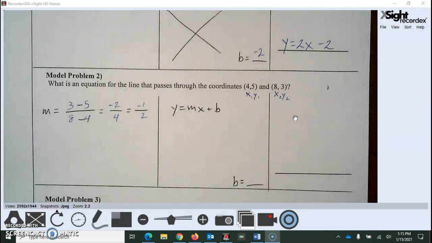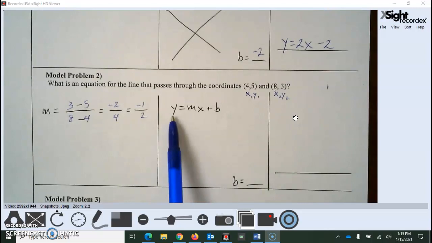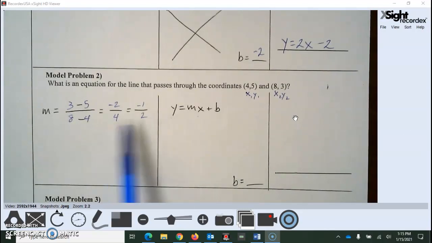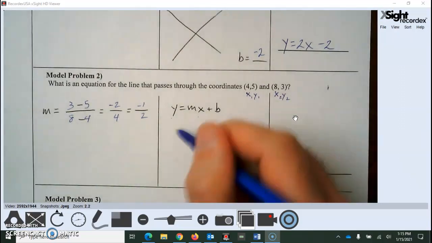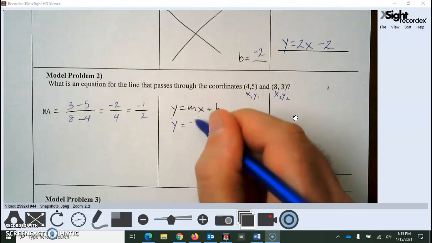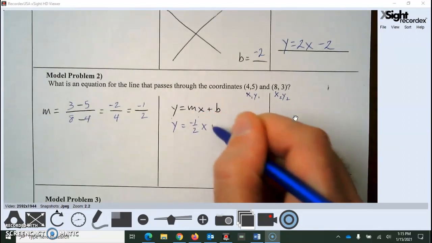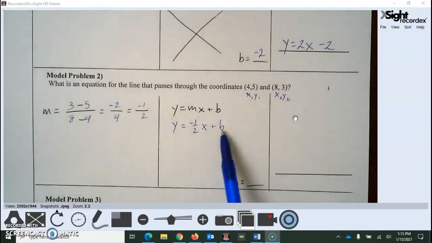Okay. Now watch what I'm going to do. To find the y-intercept, I have to use this formula. It should look familiar. And if I want to know what b is, I have to fill in numbers for y, m, and x. Well, I just found m, -1/2. So I could even write that in here, -1/2. Where do I get b from?